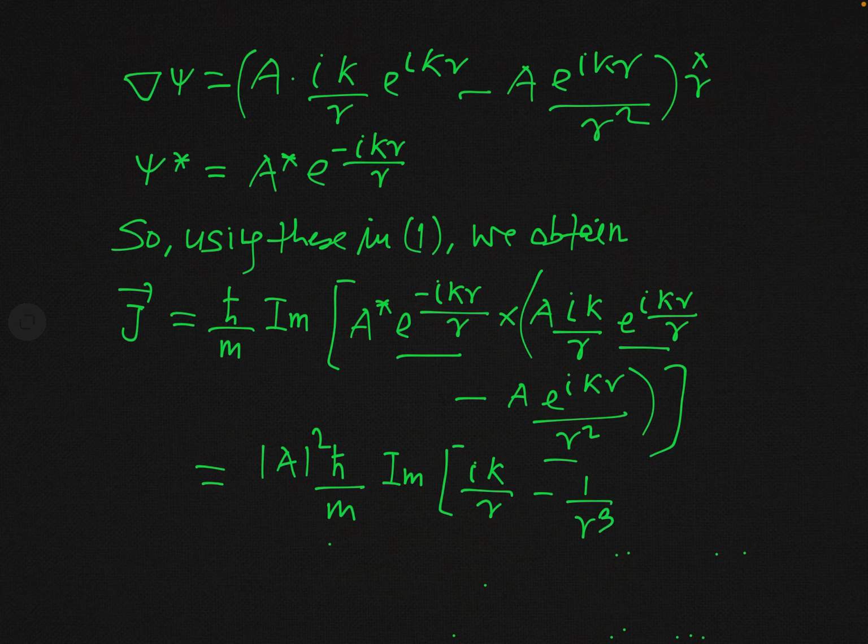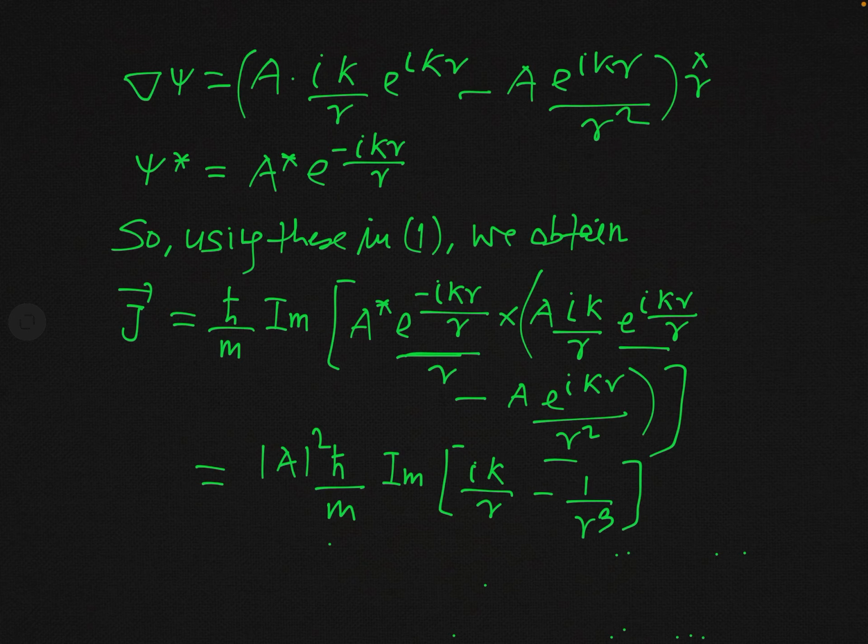And you can see from here that here actually there is this much over r. So the product of this r with this r will be actually equal to r square, and the product of this r with r square will be r cube.